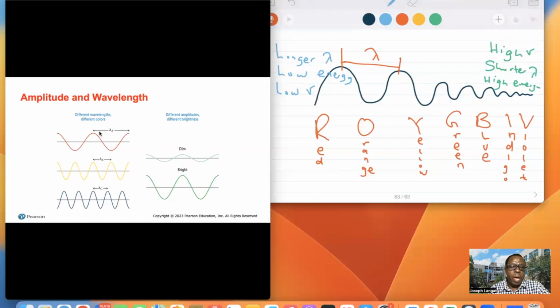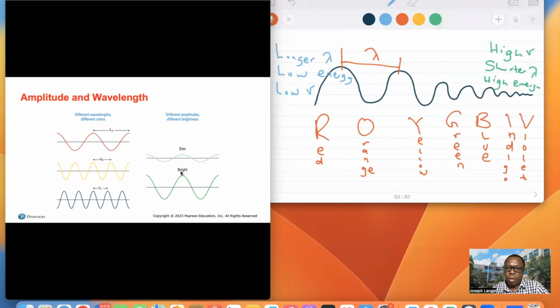When you look at this, red always has a longer wavelength. I'm using the colors of the rainbow. If you look at the blue, blue is somewhere here. Compared to maybe this is indigo or violet, you see it has a shorter wavelength. And then green is somewhere here. If you look at the green, it has longer wavelength compared to blue.